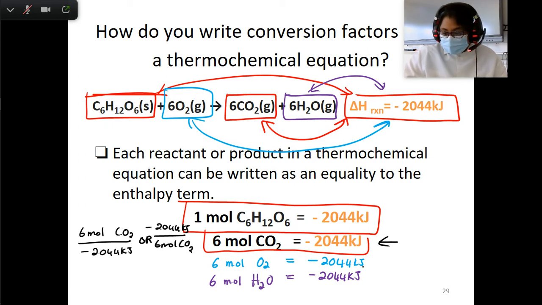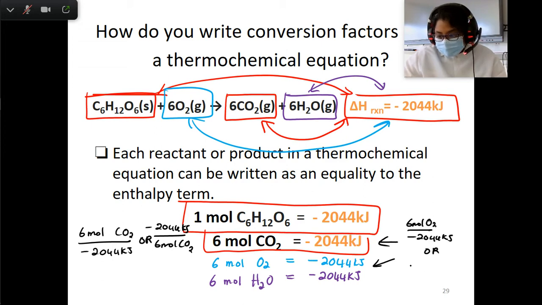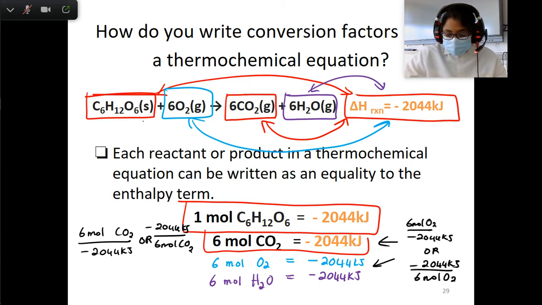You can also do the same thing for the oxygen. 6 moles of O2 over negative 2044 kilojoules of energy, or the opposite of that, negative 2044 kilojoules of energy over 6 moles of O2. You can literally take each reactant and product, write an equality with it like this. There's 1, 2, 3, 4 equalities, and for each equality, you can write 2 conversion factors, okay?